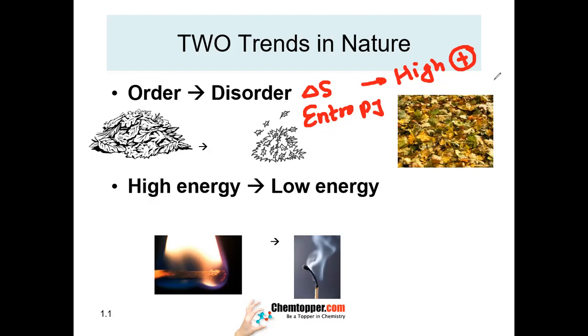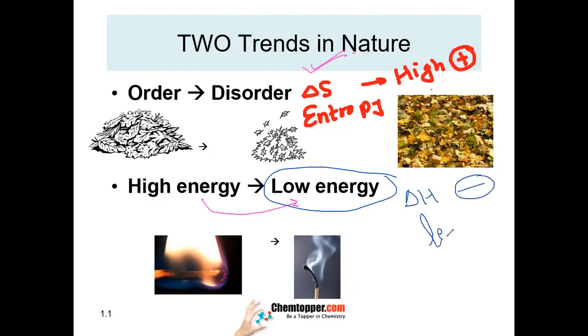So an increase in entropy is liked by nature, and a decrease in energy is liked by nature, low energy. So for delta H, nature wants negative, less. Nature looks for exothermic reactions, where the energy of the system is decreasing.